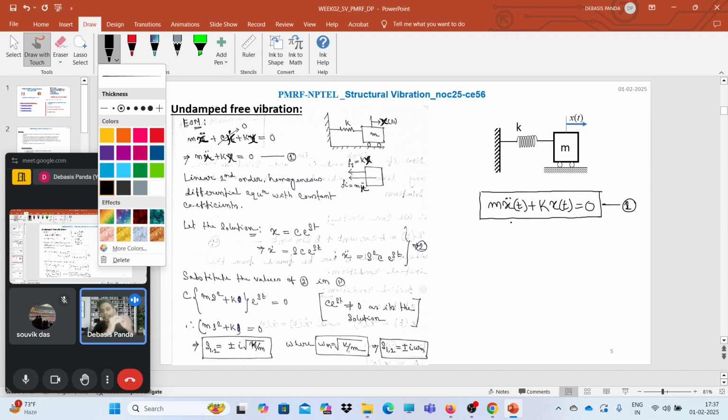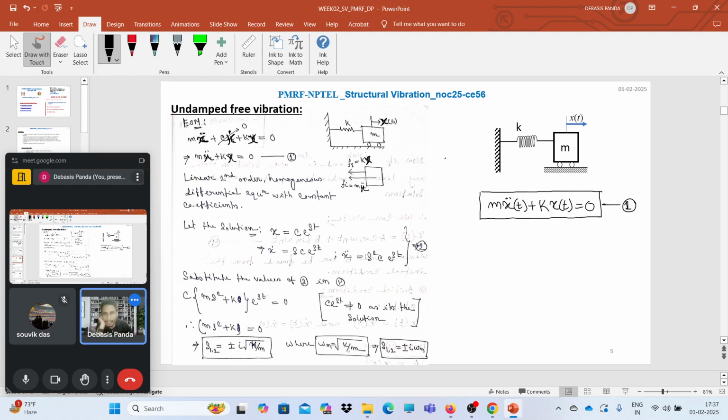Damping is nothing but the phenomenon by which the amplitude of vibration diminishes over time, or the energy dissipation mechanism within a vibrating system. So first we will see the undamped free vibration case, where damping is not present. That means c is equal to 0.